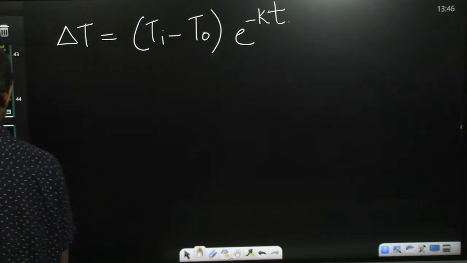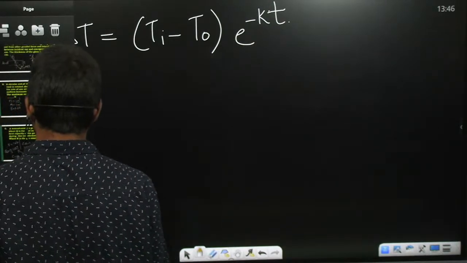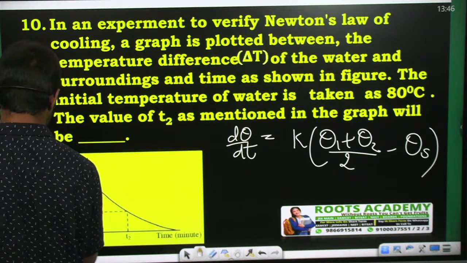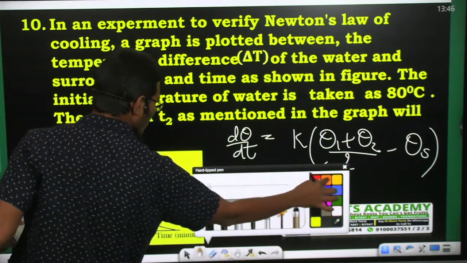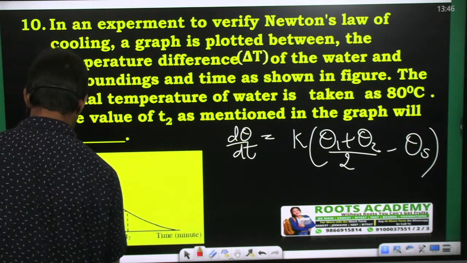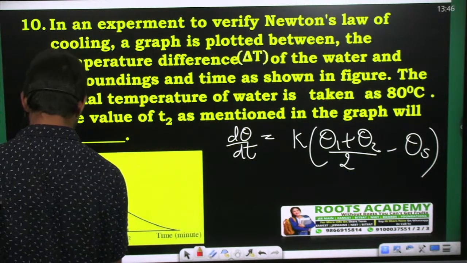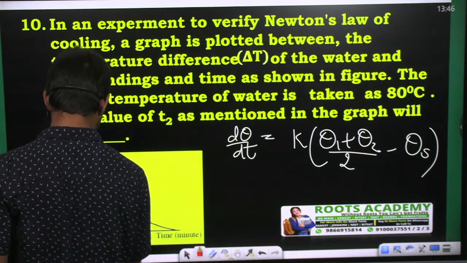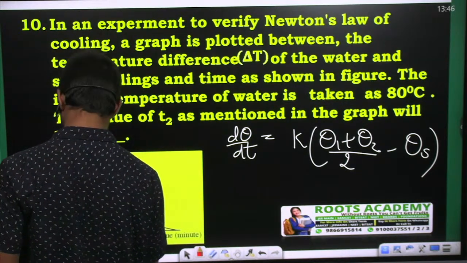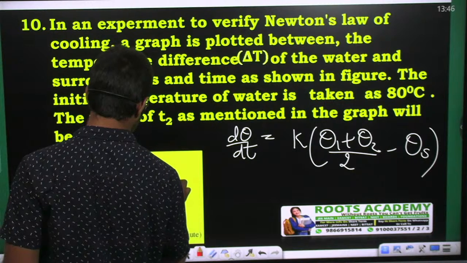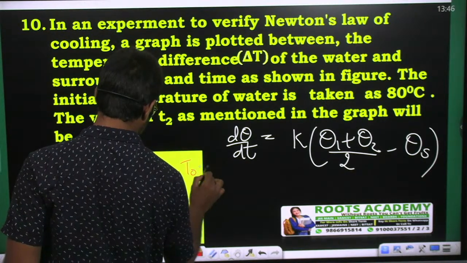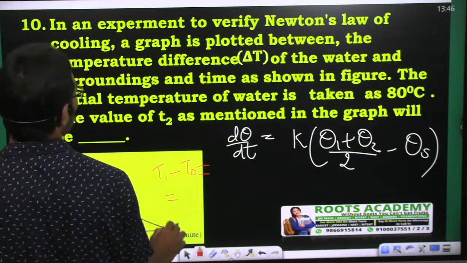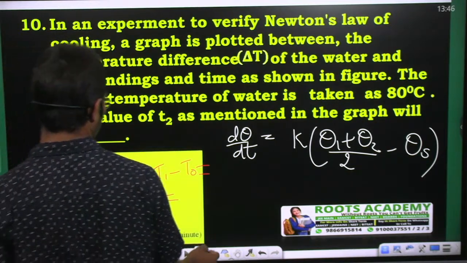So first, if you try to look from the graph, first it is 40. Next delta T is 20, and the first t is 6, second t is t2. And Ti minus T naught, what is it? See, initially it is 80, right?